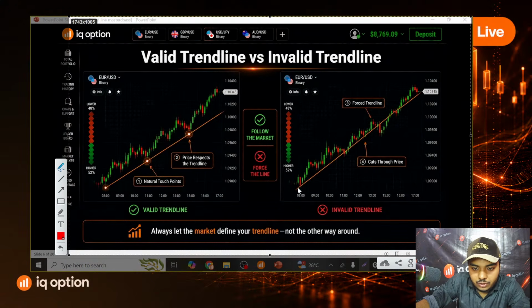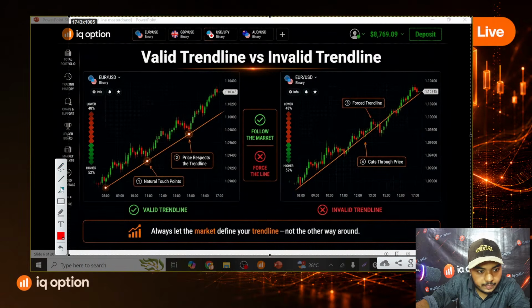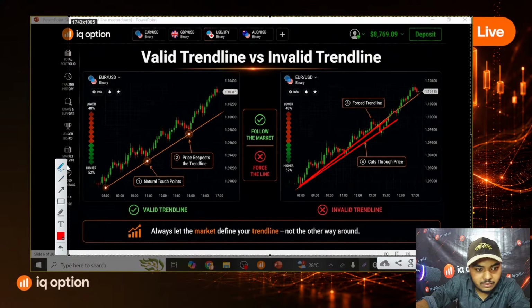I draw from here to here, and just for the sake of a trade, from here to here, if I draw forcefully. If I just draw to here, I may eventually get the trade here, maybe, if it was not broken.